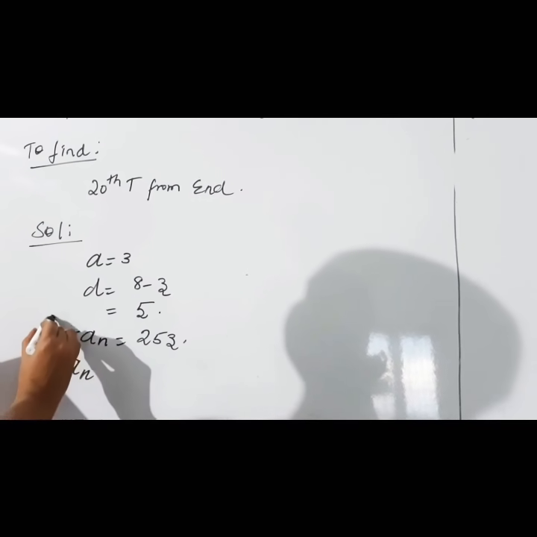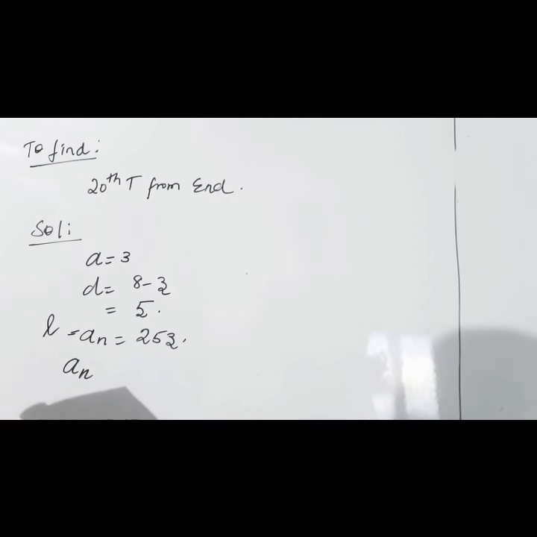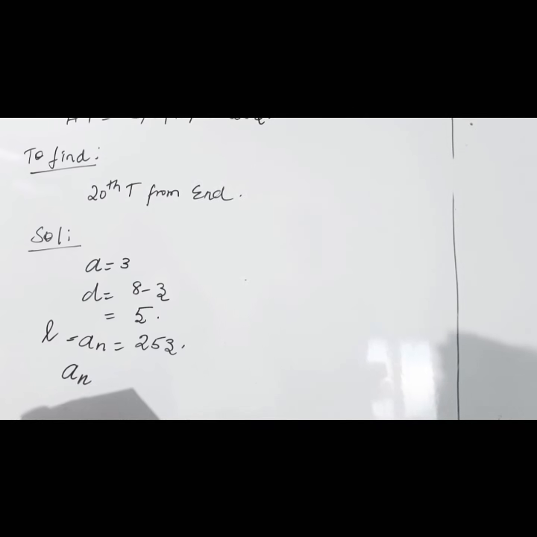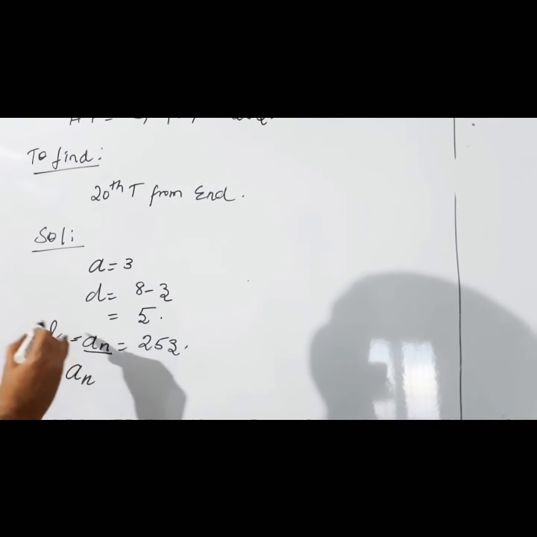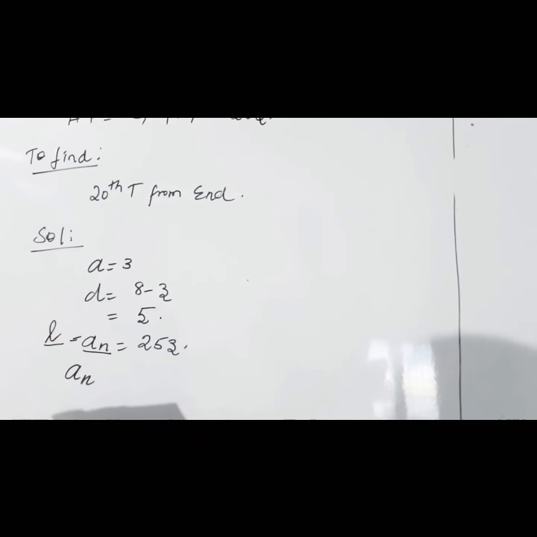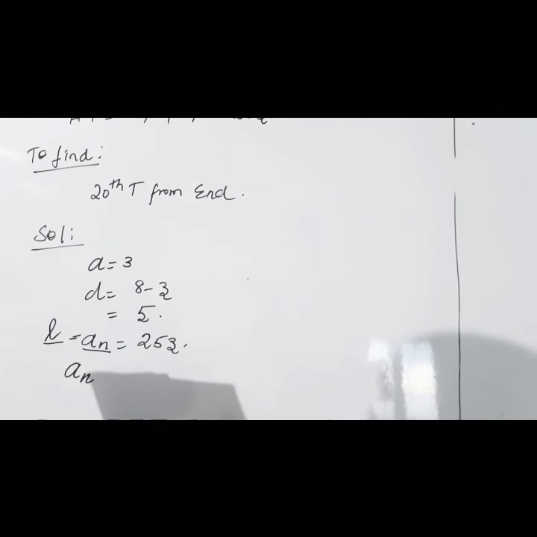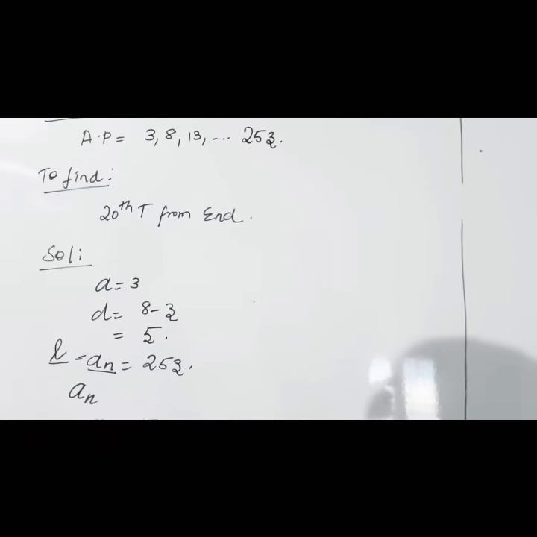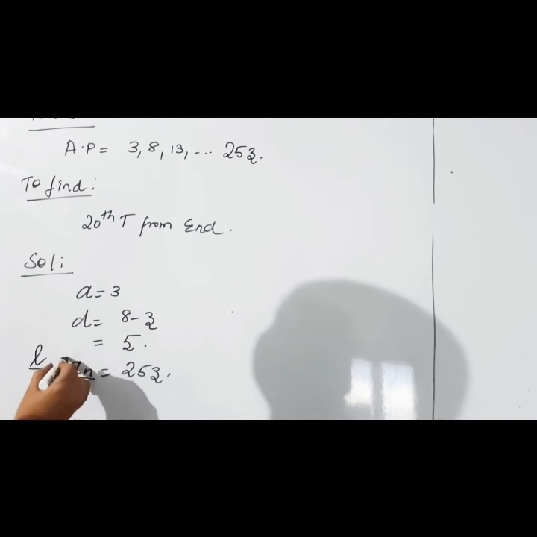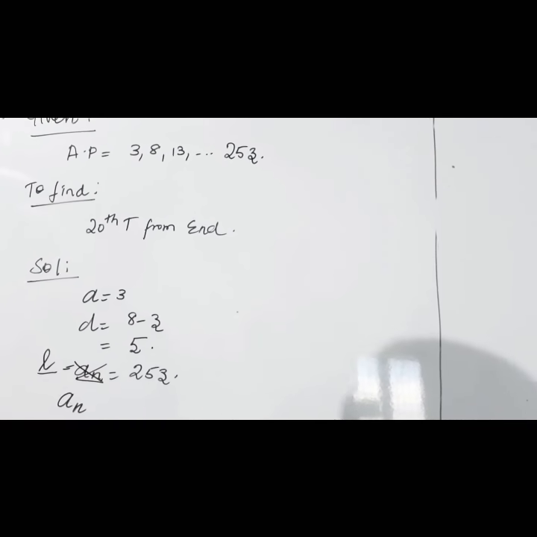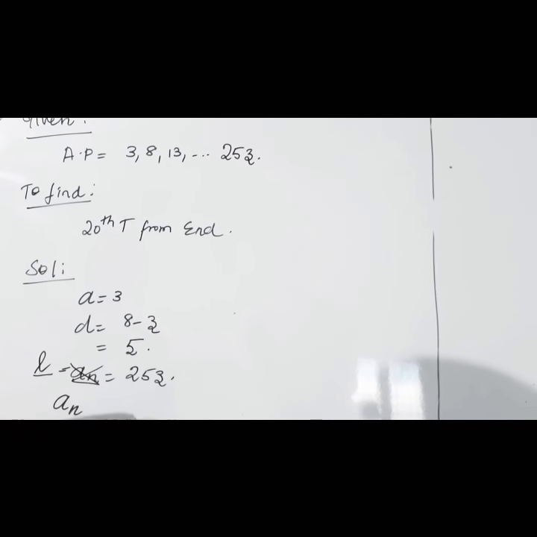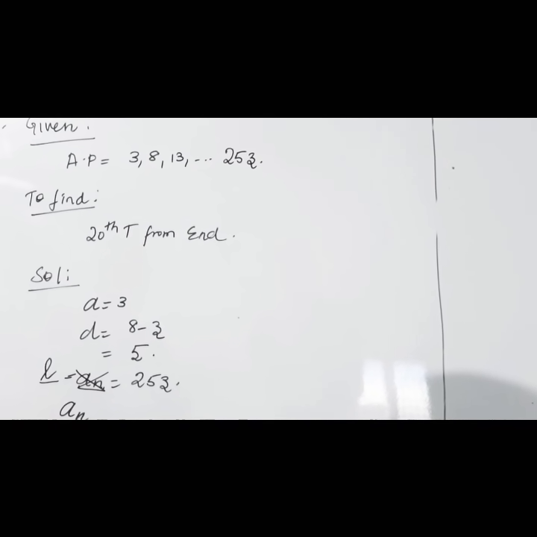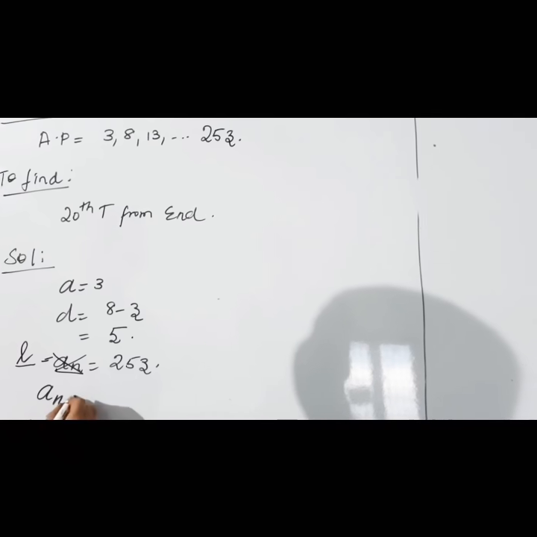AN can also be considered as L, the last term, if it is a finite AP. If it is an infinite AP, AN will be any term in the AP, and L will be the last term. Here, since it is finite, let us consider L is equal to 253 and we are going to find out AN. What is the actual formula for AN?